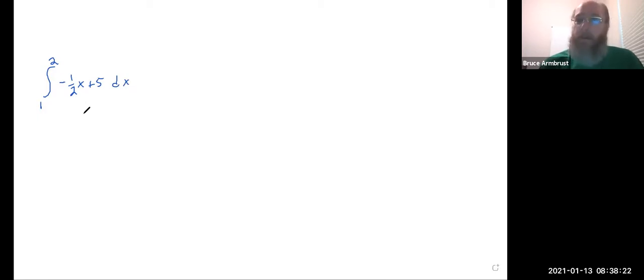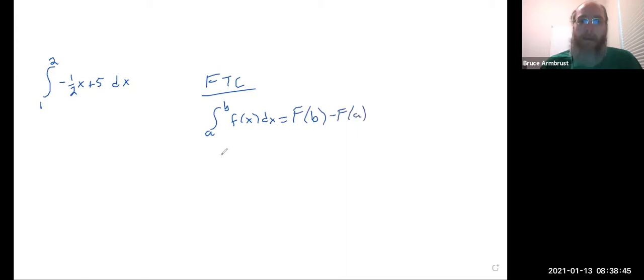So remember what we saw from the Fundamental Theorem of Calculus? It says that if we integrate from a to b, f of x dx, that's going to equal big F of b minus big F of a, where big F is an antiderivative.